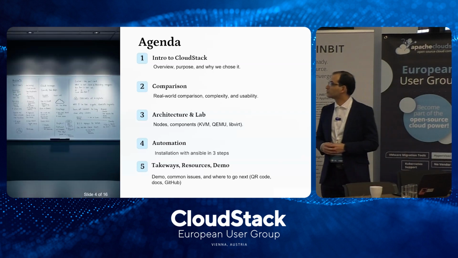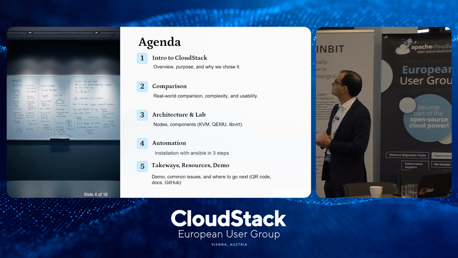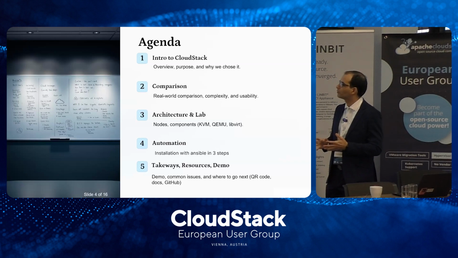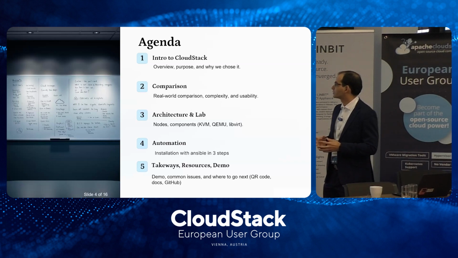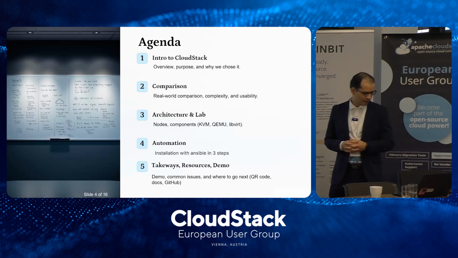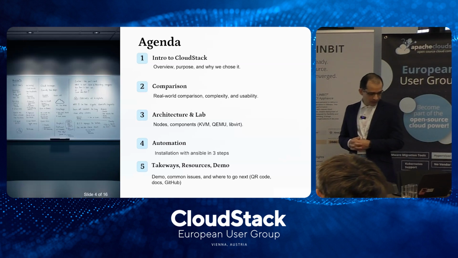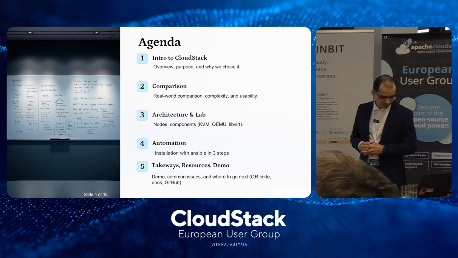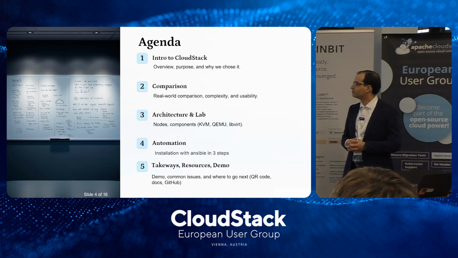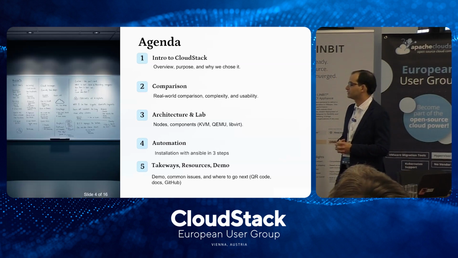This is the agenda for today. We will walk through an overview, purpose, and why we chose CloudStack as our orchestrator. A quick comparison between, let's say, the most famous competitor, which is OpenStack.